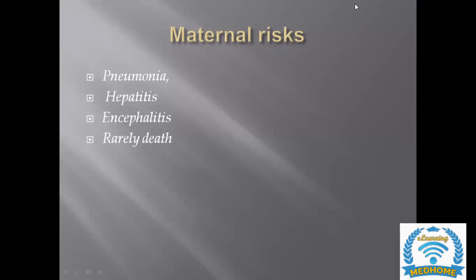Usually these complications do not come in a normal adult patient; they only come in an immunocompromised patient or a pregnant patient. That's why we are so concerned about chickenpox in pregnancy, because the women are at greater risk of pneumonia, hepatitis, encephalitis, and rarely death.